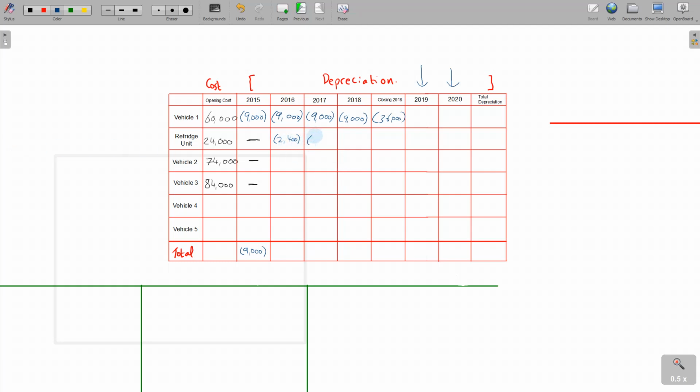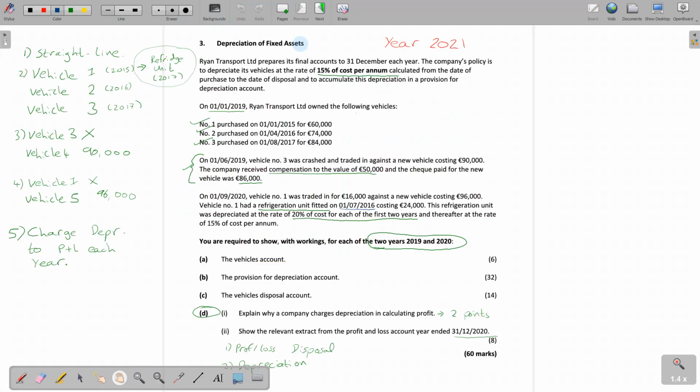Now it's a full year's depreciation in 2017 and 2018. Now 2018 is a little tricky, so we'll have a look at that again. It says in the question that we have 20% of cost for each of the first 2 years.